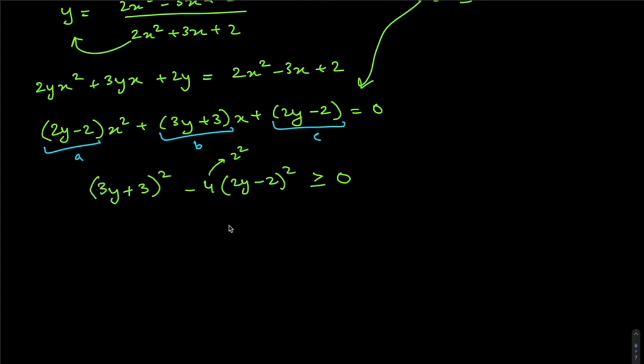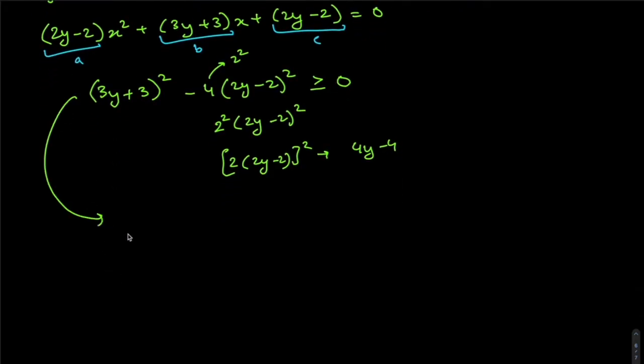I can write this as 2 squared, so what I actually have is 2 squared times (2y minus 2) whole squared, which I can write as (2 times (2y minus 2)) whole squared. That gives me 4y minus 4. So again, my new inequality is (3y plus 3) whole squared minus (4y minus 4) whole squared is greater than or equal to 0.